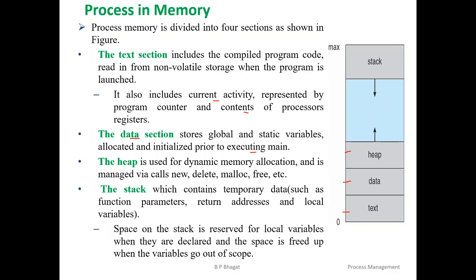This is used to store memory dynamically, and it is managed via certain calls like new and malloc, which are used for allocating memory dynamically, and delete and free, which are used for deallocating memory dynamically.